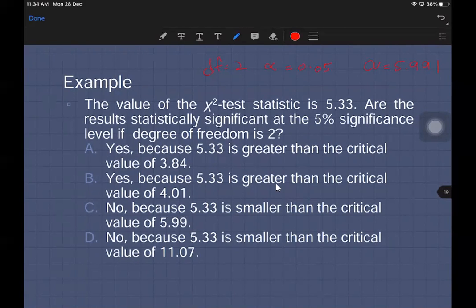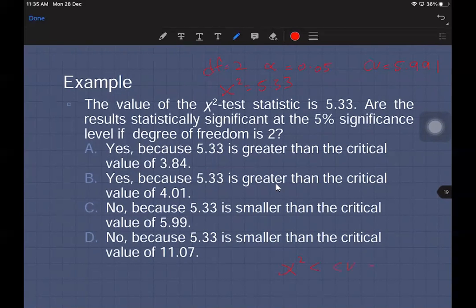Our test statistic in step number 2 is 5.33, which is still less than the critical value.